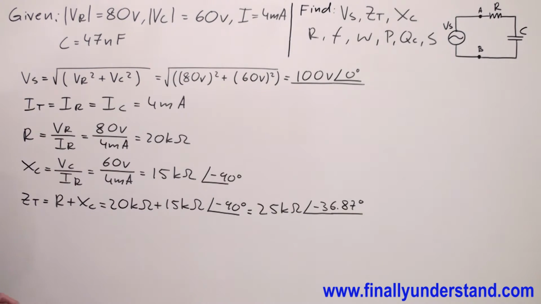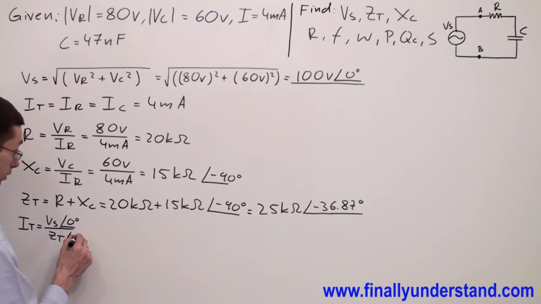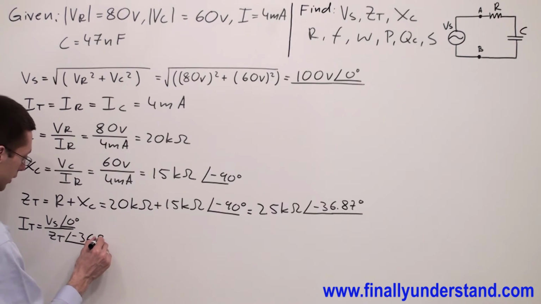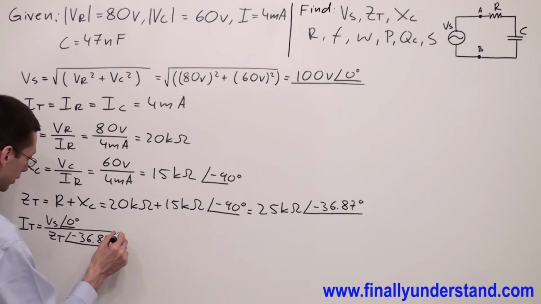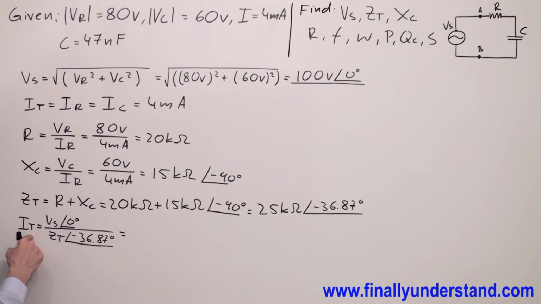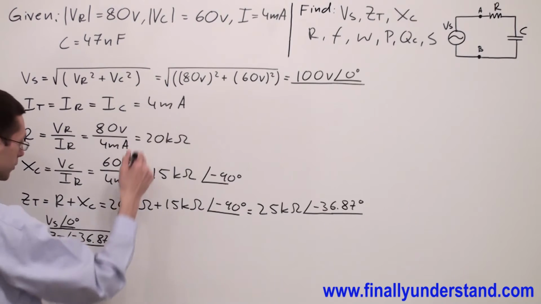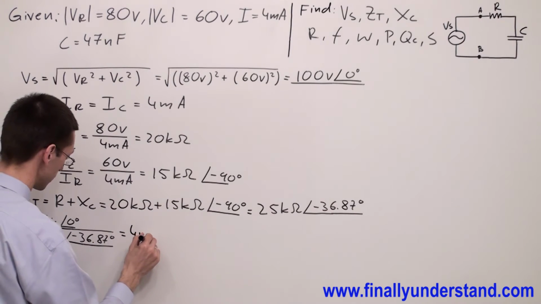Next, I can get back to the current. Current total is equal to voltage source over Z total. We said we want to keep voltage source with angle of 0 degrees, and we found that Z total has angle of negative 36.87 degrees. We know that the magnitude of the current is equal to 4 milliamps. That's why I'm going to write over here 4 milliamps.